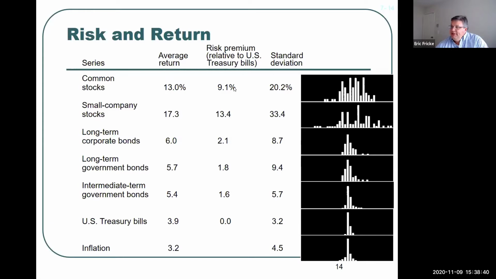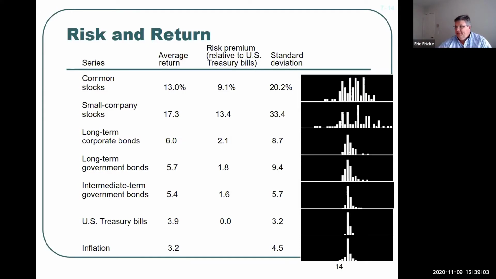And then it lists the risk premium. If you recall from last class, the risk premium is basically that extra stock return above the risk-free rate. So the risk-free rate is the treasury bill, right? And the amount above treasury bills is your risk premium.